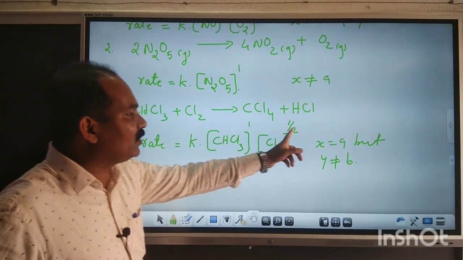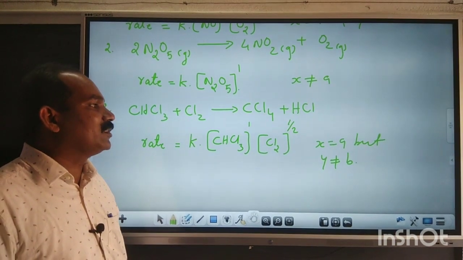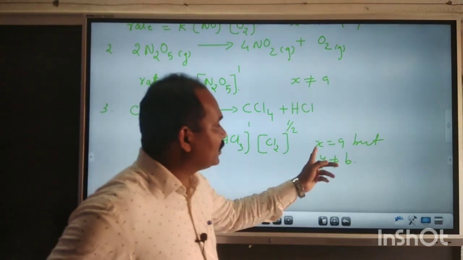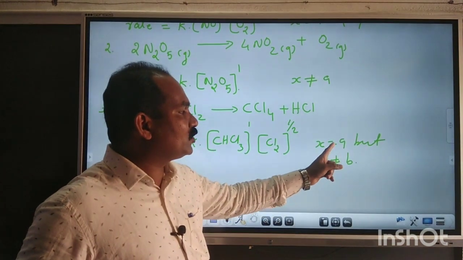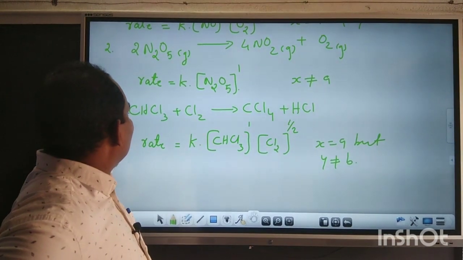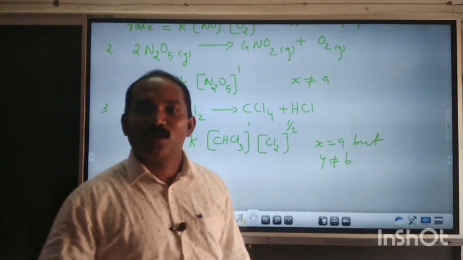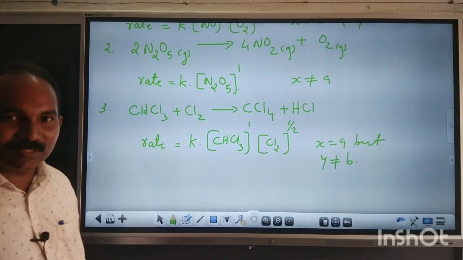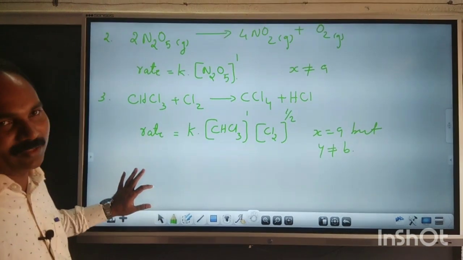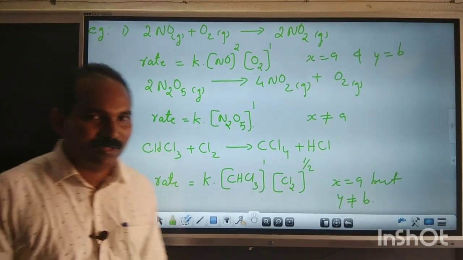We expected 1 here, but it is not 1. Experimentally it is determined that the exponent is half. So we can say that x is equal to a, x is equal to 1, and a is also equal to 1. But y is not equal to b. y is different from the value of b. Okay, are you clear? Thank you.